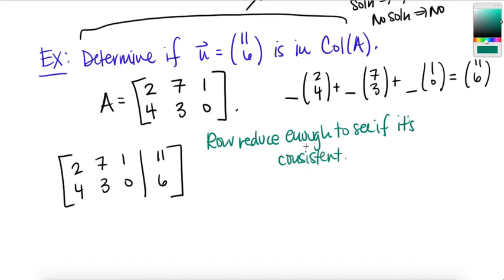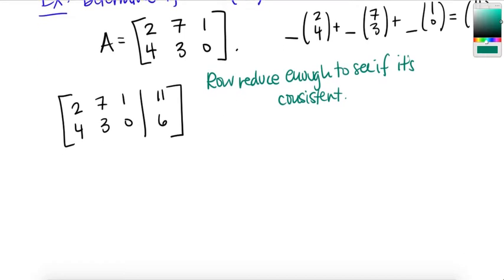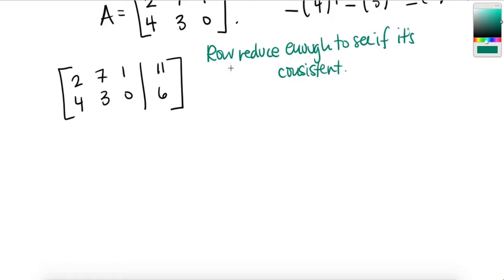Right, so all we're asking is, is this vector a linear combination of the columns of A? To do that, you row reduce. So again, just like with null space, we're talking about something that we've done before, right? Linear combinations in solving systems, but we're just putting it in a new context of column space, vector spaces, subspaces, that type of thing. We'll come back to the subspacing in just a second.